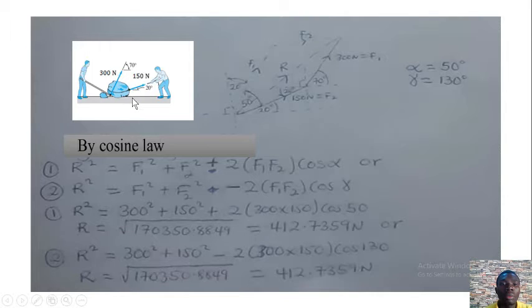Now let's draw a diagram to form a parallelogram out of this particular diagram. You start with the 150 Newton force, which makes an angle of 20 degrees to the horizontal. The ending point of the 150 Newton force should be the starting point of the 300 Newton force, which also makes 70 degrees to the horizontal.